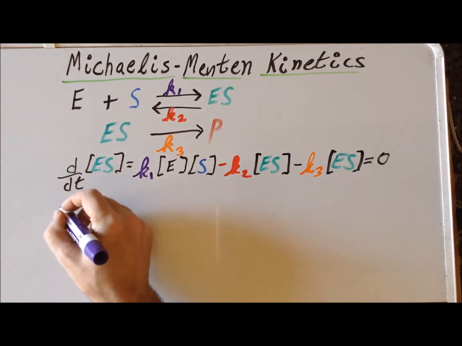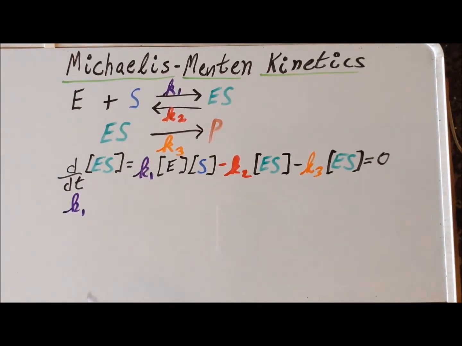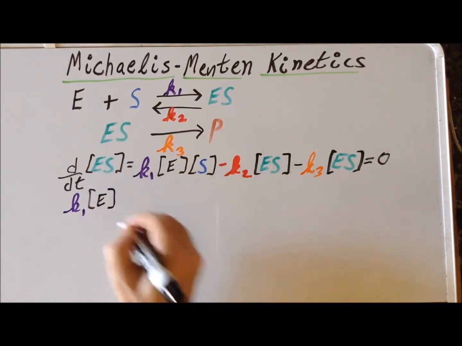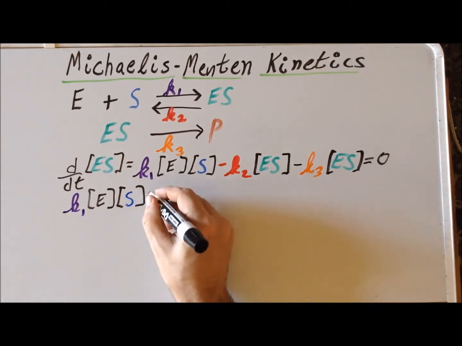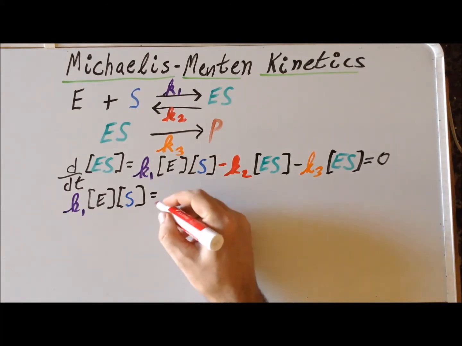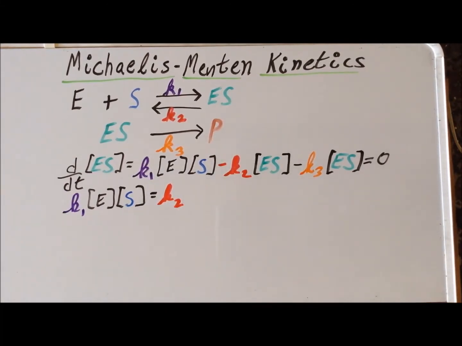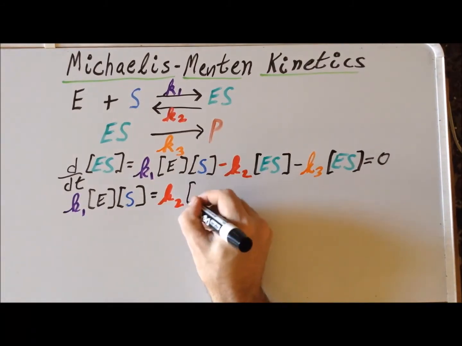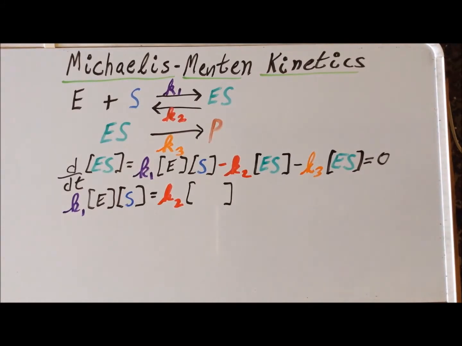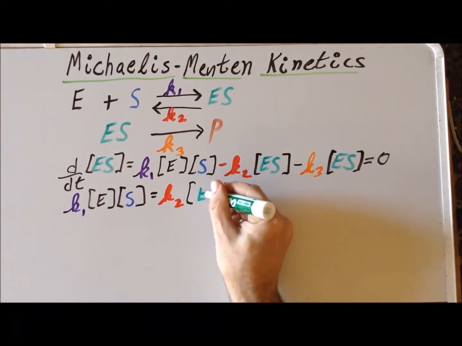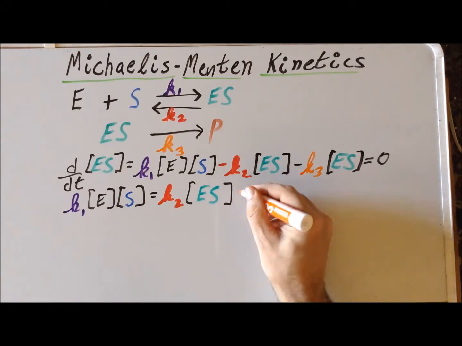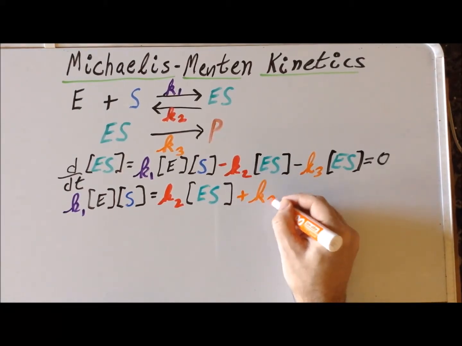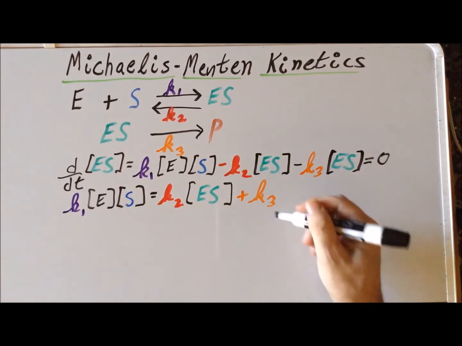We can now manipulate this expression, and we get that K1 times the concentration of the enzyme times the concentration of the substrate S is going to be equal to K2 times the concentration of ES plus K3 times the concentration of ES.